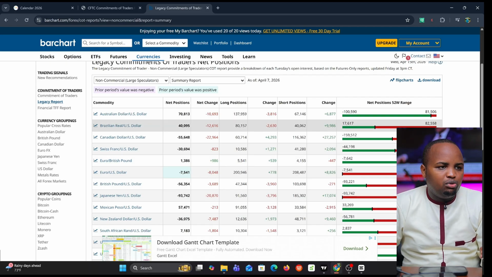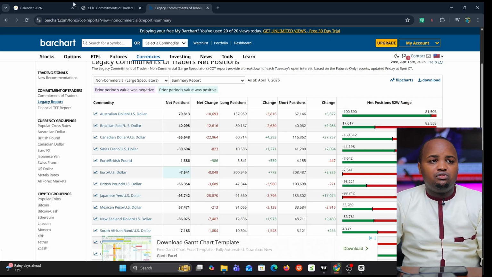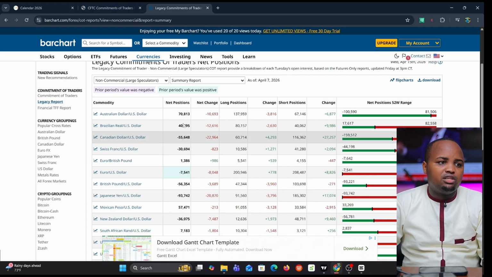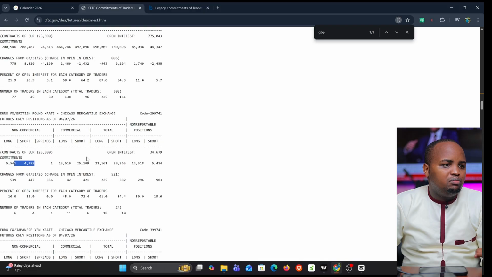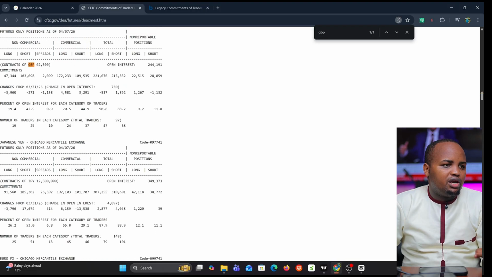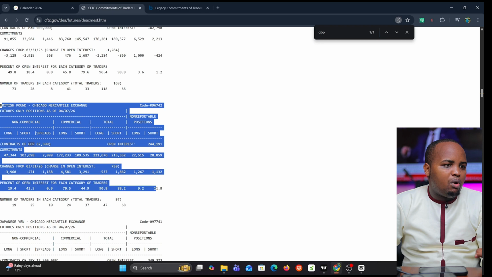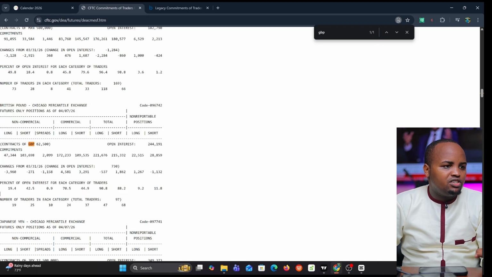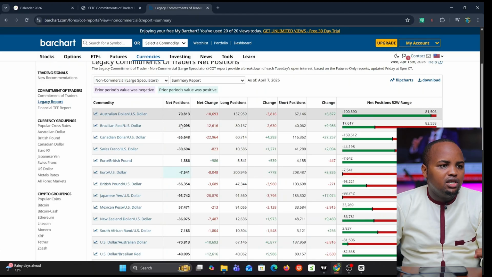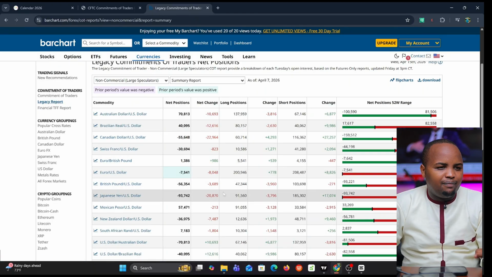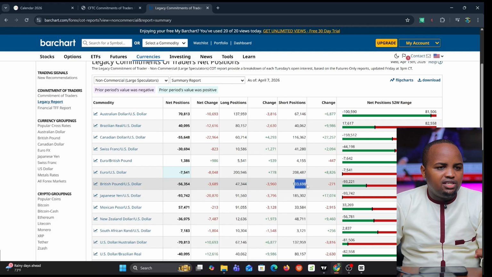So if you look at, for example, the Australian dollar here, first of all, let's compare and see whether this data is correct. First of all, we were checking on the GBP. If you check on the GBP right here, the British pound, you realize the shorts were 103,698.